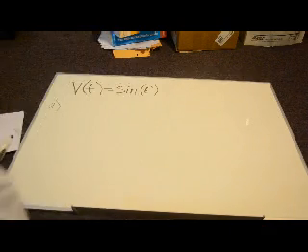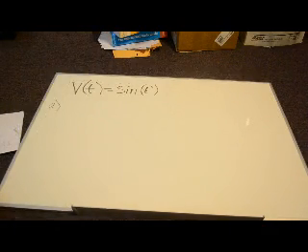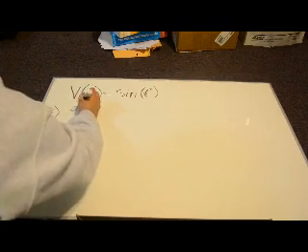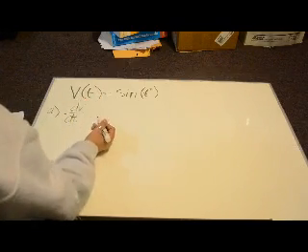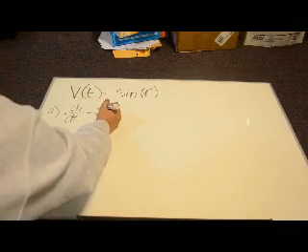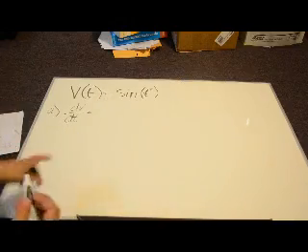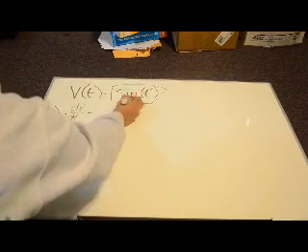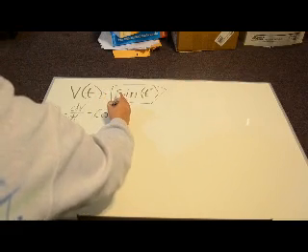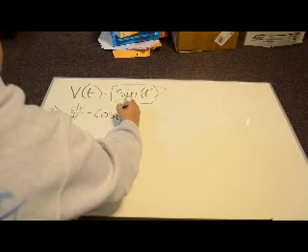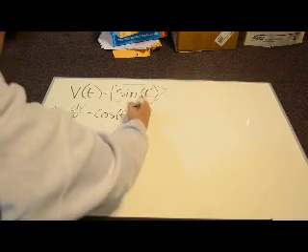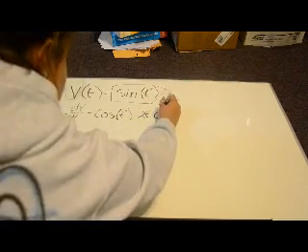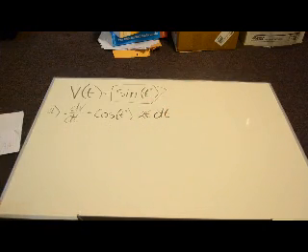Now, to find acceleration, you take the derivative of velocity. So dv/dt is the derivative of this equation, which would be the derivative of sine, which is cosine of the inside, t squared, times the derivative of the inside, which is 2t.